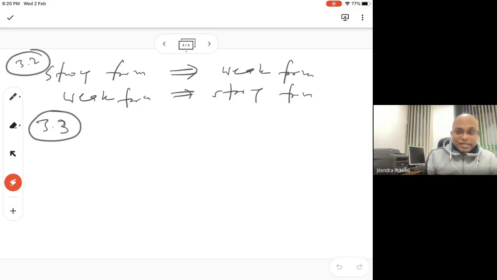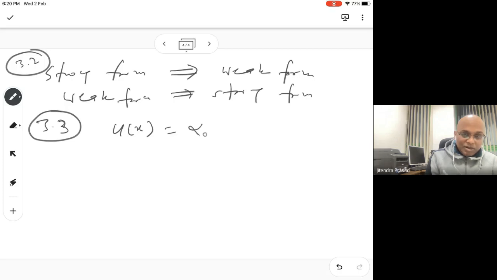Now problem number 3. Consider a trial candidate solution of the form u(x) equal to alpha naught plus alpha 1 (x minus 3). So far everything all right? Any confusion, any questions so far, guys?